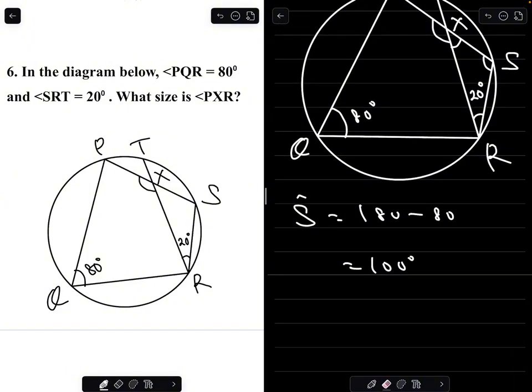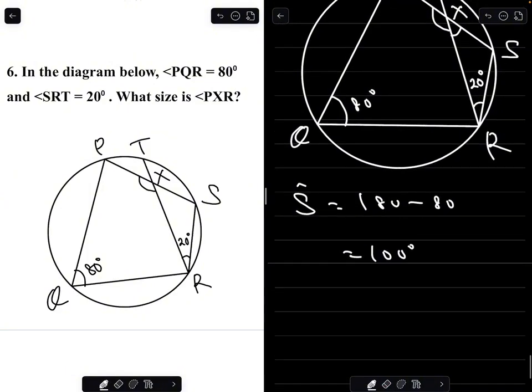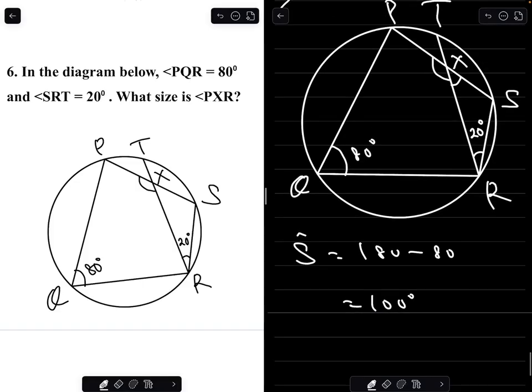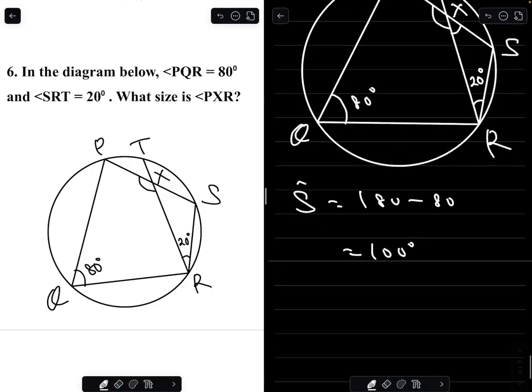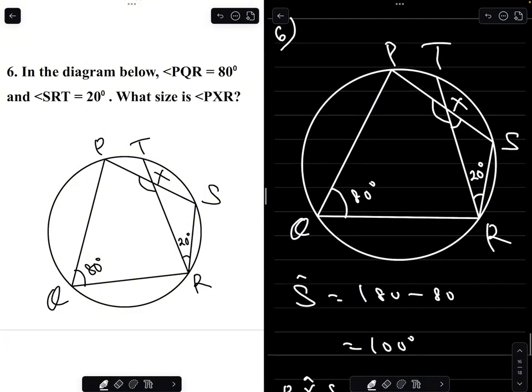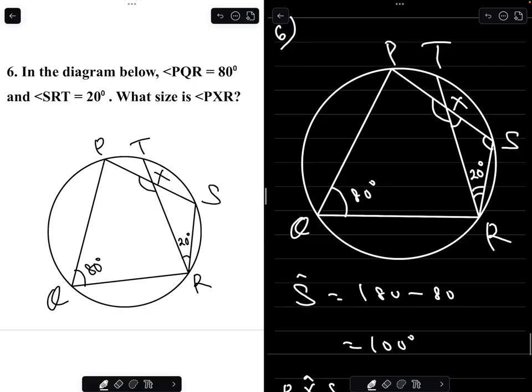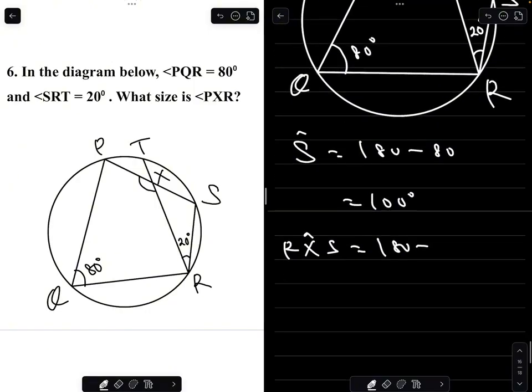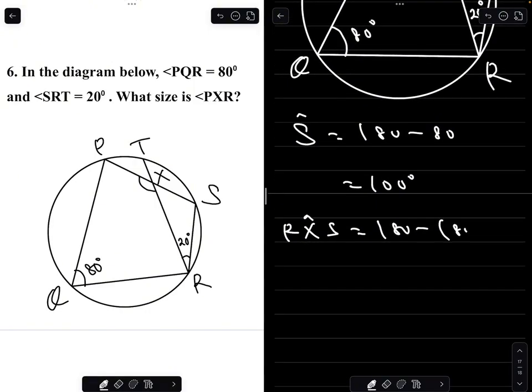Angle RXS is equal to 180 minus this angle plus this angle plus this angle. So 180 minus 80 plus 20. And the reason for that is sum of angles in a triangle.